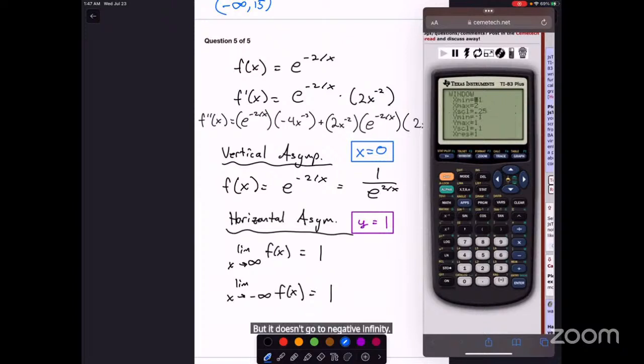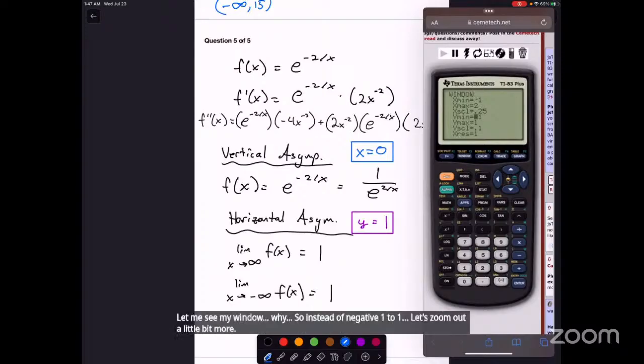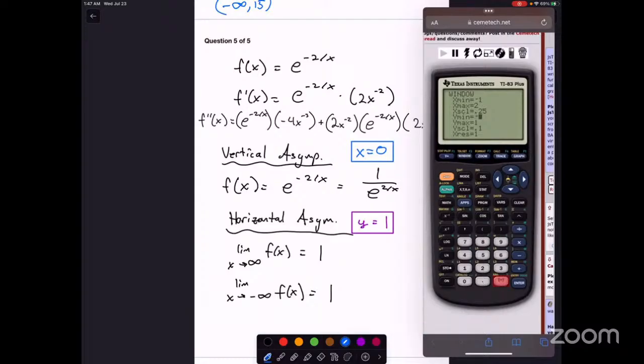Let me see my window. Y. So instead of negative 1 to 1, let's zoom out a little bit more. Let's go negative 2 to 2. That was kind of far. We did try that before. Let's go like 1.3.